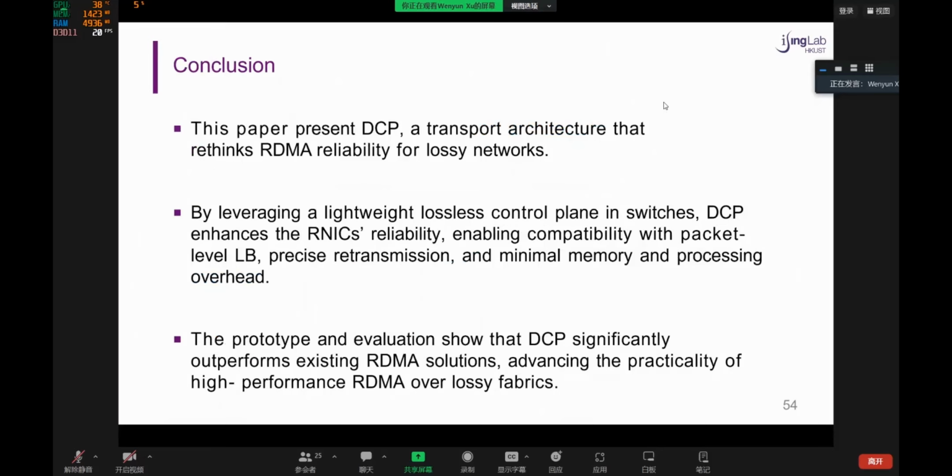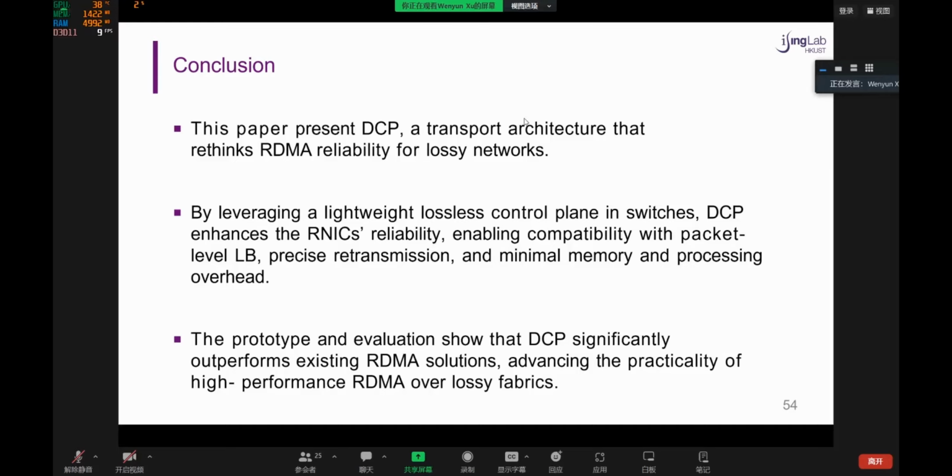Finally, I would like to make a conclusion. In this paper, the authors present DCP, a transport architecture that rethinks RDMA reliability for lossy networks. By leveraging a lightweight lossless control plane in switches, DCP enhances the RNIC's reliability, enabling compatibility with packet-level LB, precise retransmission, and minimal memory and processing overhead.